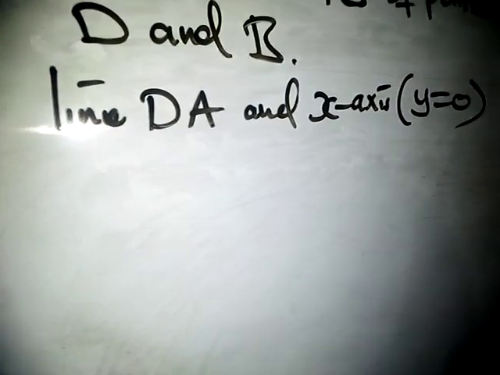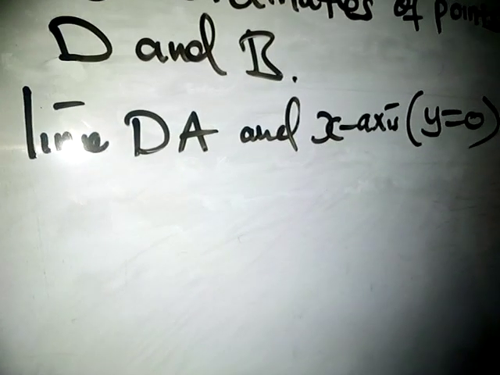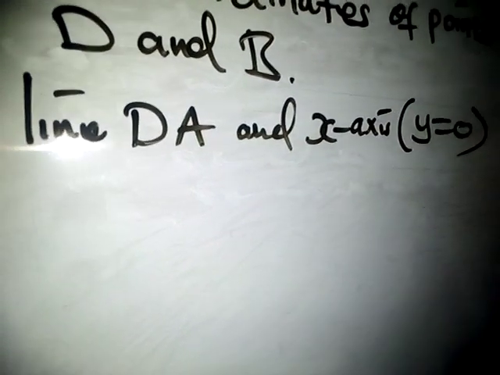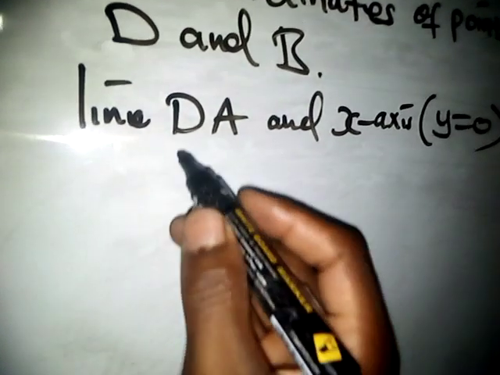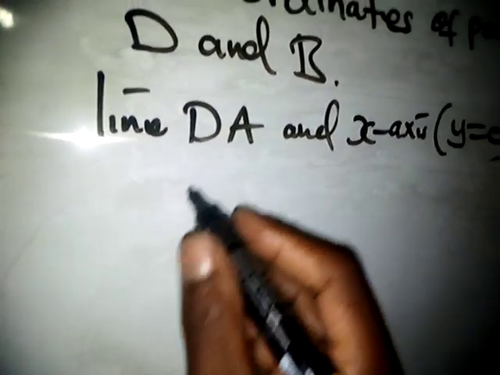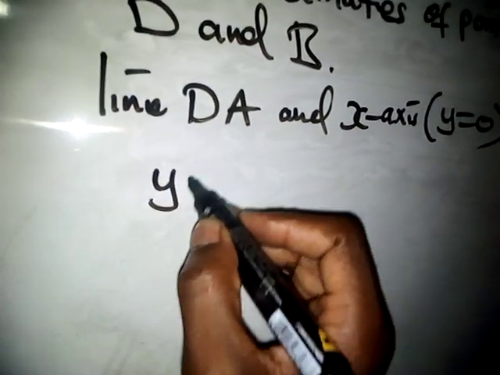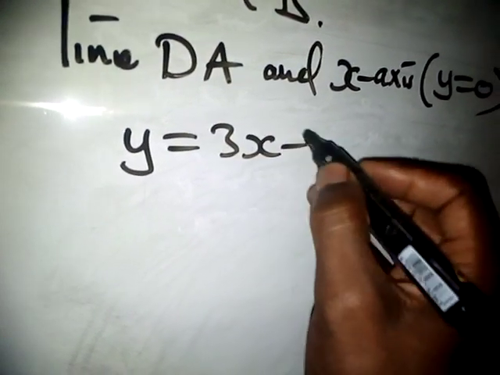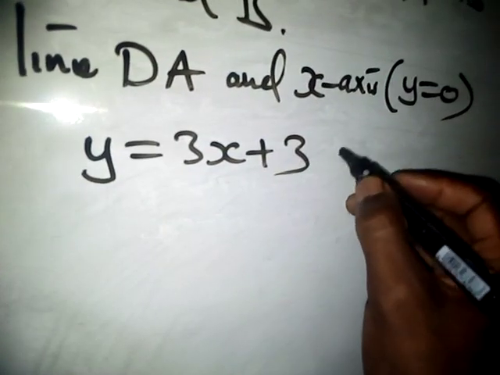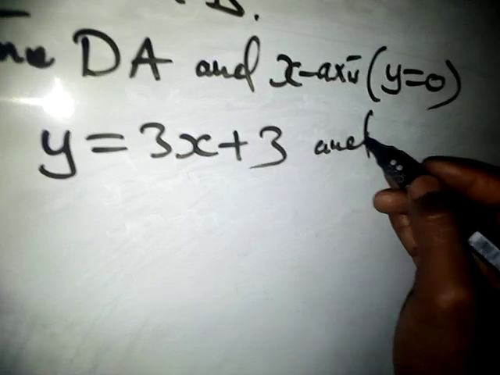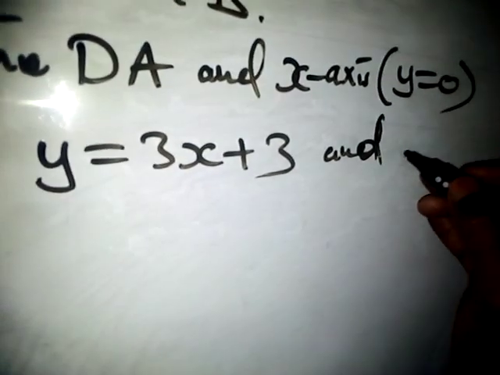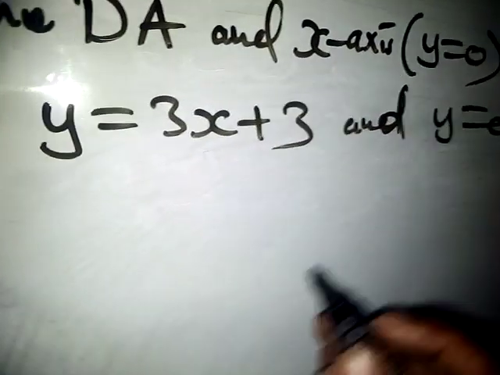These are the two lines that share point D. So we know the line DA has the equation y equals 3x plus 3, and the x-axis has the equation y equals 0.